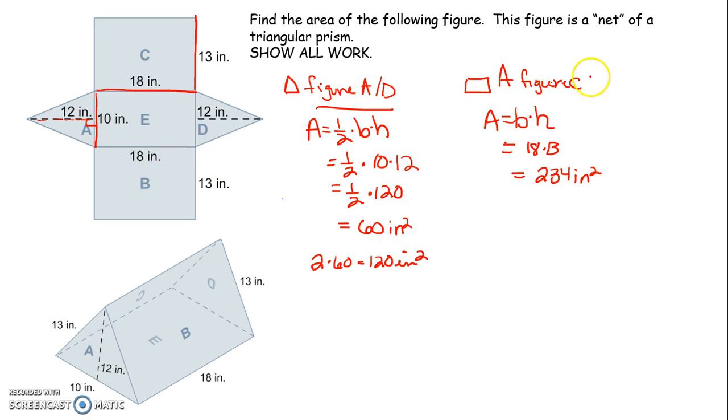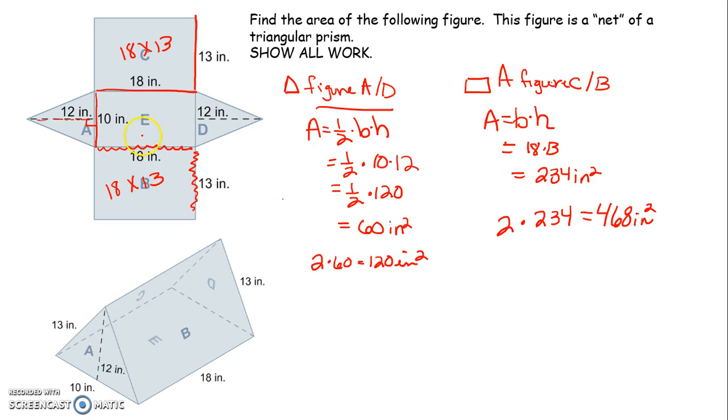And if you look also at figure B, it happens to also have a base of 18 and a height of 13. So that area would also be 18 times 13. So we're going to do 2 times 234 to get the total area for C and B. That'll be 468 square inches.